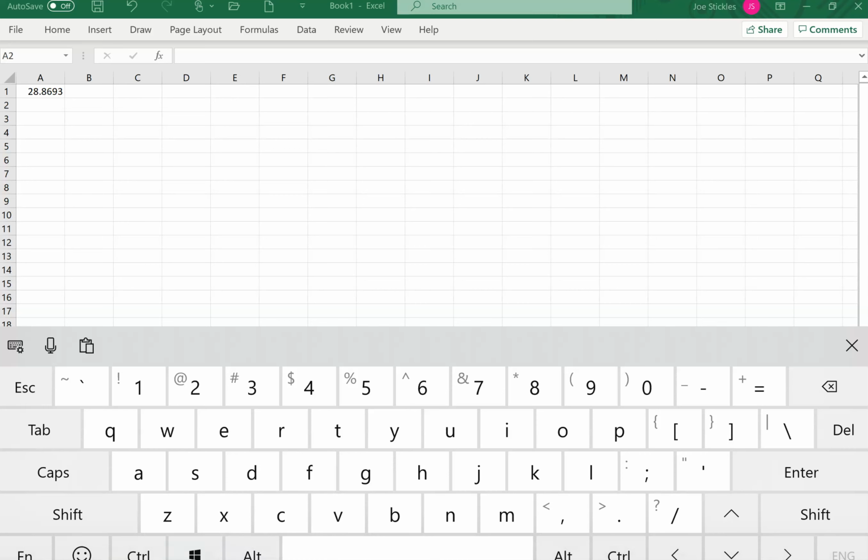This 28.8693 was the chi-squared. So if we want to multiply that by 30, I want to multiply that value by 30 and divide it by 18. That gives us that s squared value that we said we had to be greater than to define the critical region.